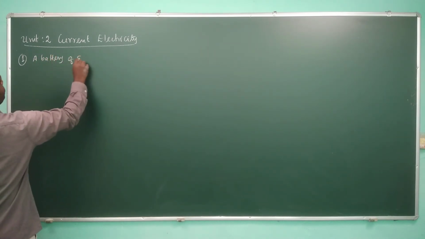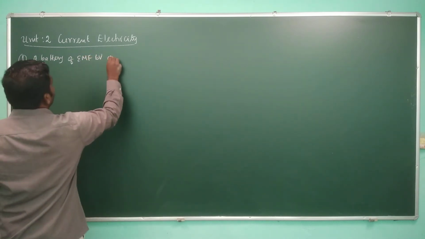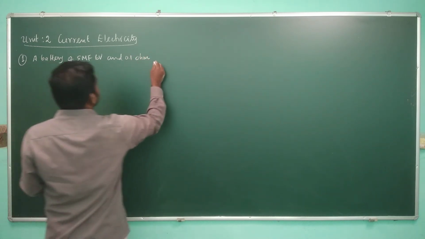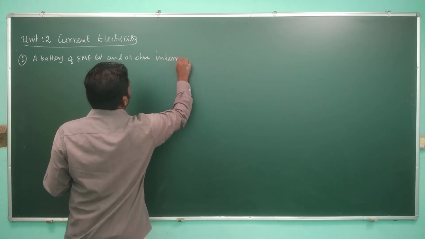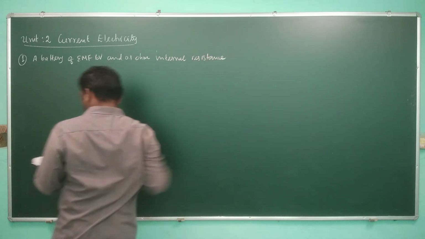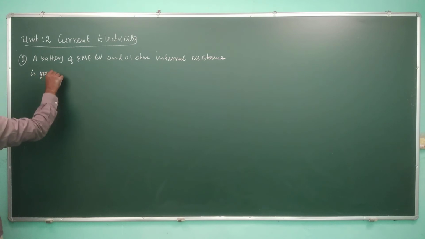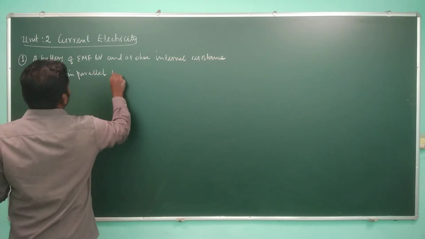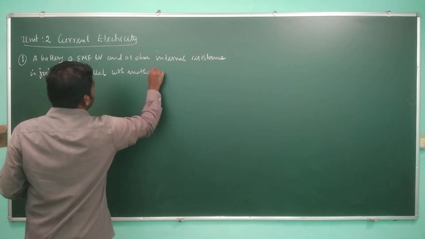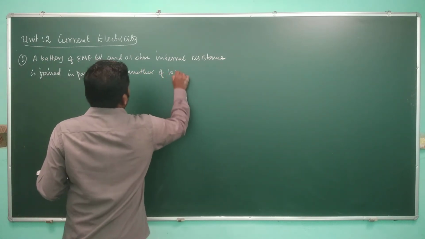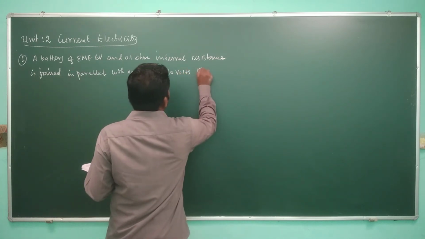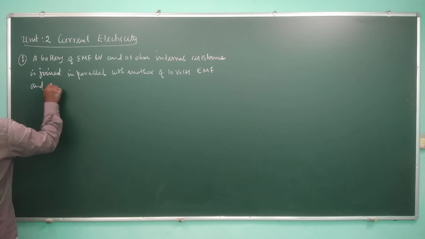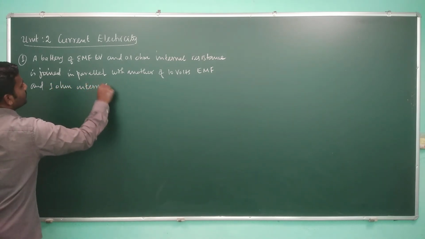A battery of EMF 6 volts and 0.1 ohm internal resistance is joined in parallel with another of 10 volts EMF and 1 ohm internal resistance.